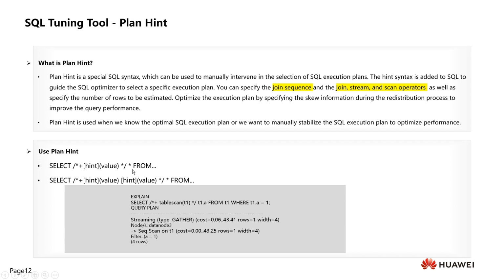Please note that we need to put the hint right after the select keyword, otherwise it's not going to work. In the following example, we want the query plan to carry out a sequential scan on table t1, so we specify the hint like this. And in the printed query plan, indeed, we have a sequential scan being used.